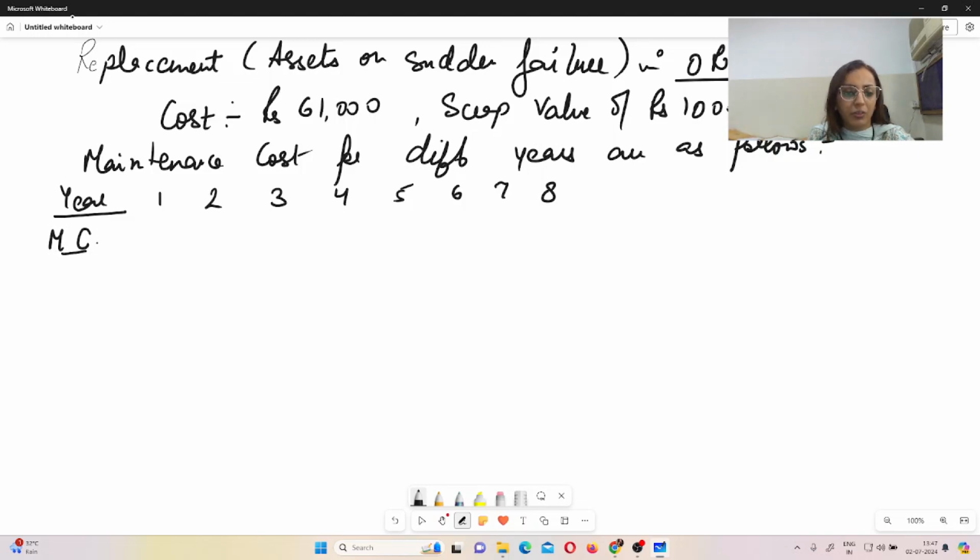Take it 8 years, and the maintenance cost, which is also called the running cost, is given as 1,000 in the first year. Then in the second year it is 2,500, then 4,000 rupees for the third year, 6,000 for the fourth year, then 9,000, 12,000, and in the seventh year 16,000. In the last year, 20,000 rupees.